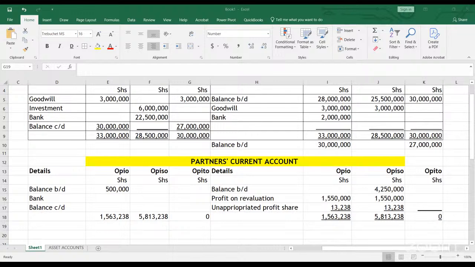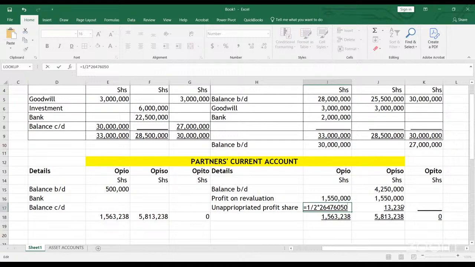There's a question I shared in the group, someone to check for me, that question paper, and we see the unappropriated profit is supposed to be 26,476,050.